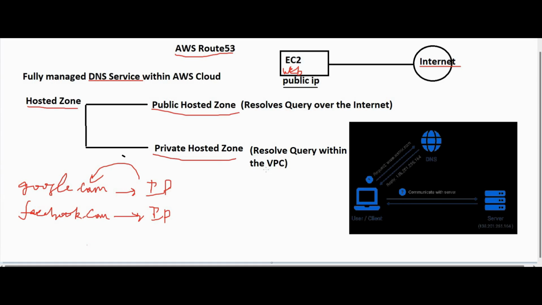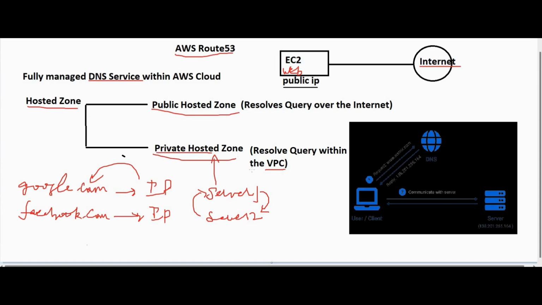Whereas there is something called private hosted zone. Within the VPC, for example, let's say we have two servers, server 1 and server 2, and we have hosted both of them in the private hosted zone. We can access server 2 from server 1 and we can access server 1 from server 2, both with the help of this private hosted zone. We cannot expose this domain name service to the public; they cannot access it over the internet.